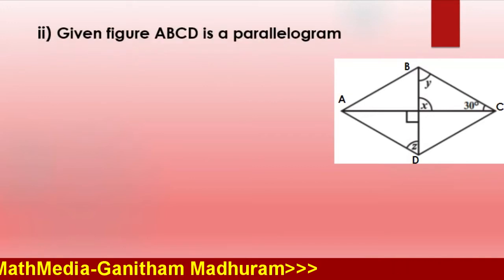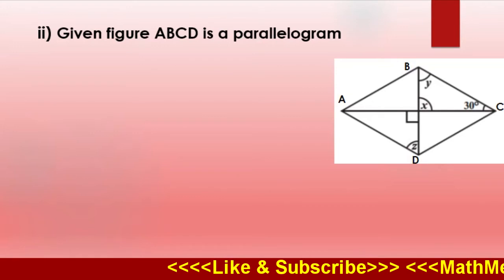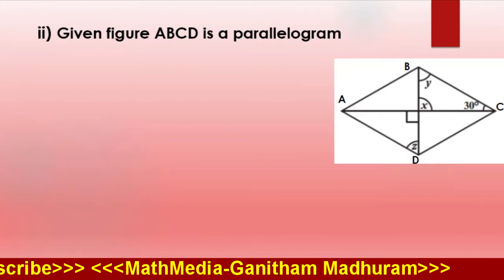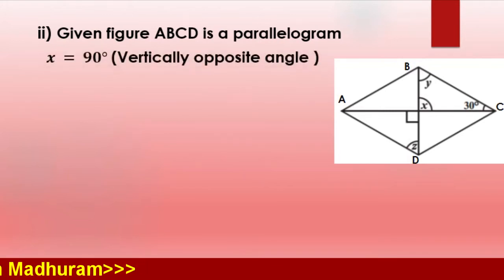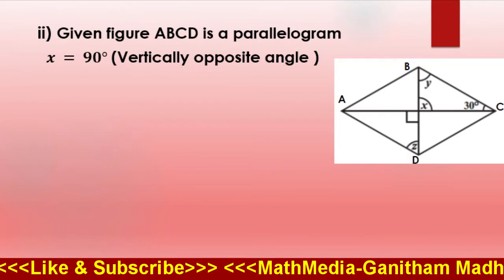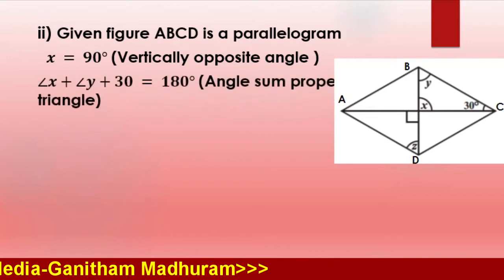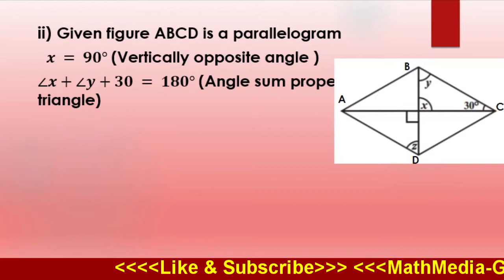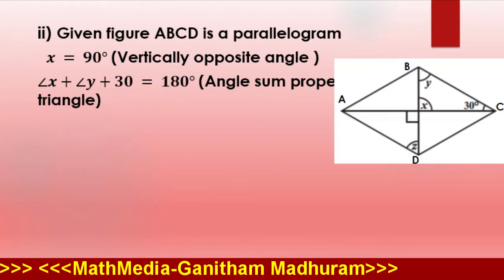Next question. Given ABCD is a parallelogram, here also we have to find the angles x, y and z. x equal to 90 degrees because vertically opposite angles are equal. Given one angle is 30 degrees, now consider the triangle BOC.